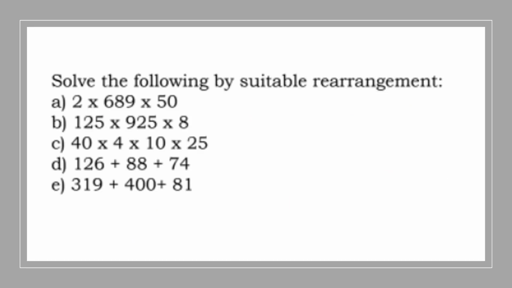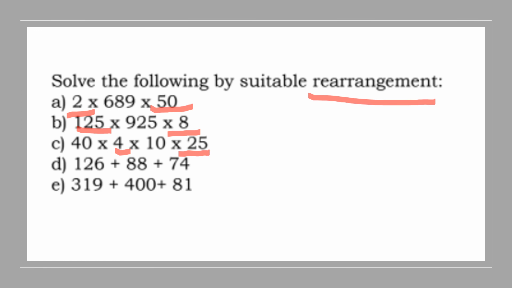Hope the property of associativity is clear to you. So now there are certain sums for you to solve. Pause the video here and solve these sums by suitable rearrangement. Okay. Here you can see 2 into 50 can give you 100. 125 into 8 can give you 1000. 4 into 25 leads to 100. 40 into 100, 4000.